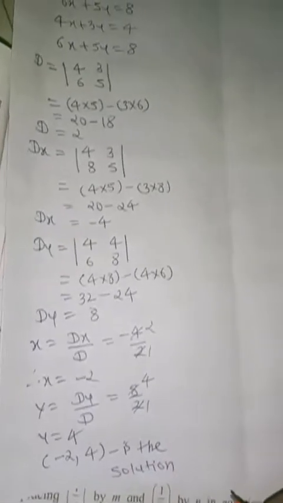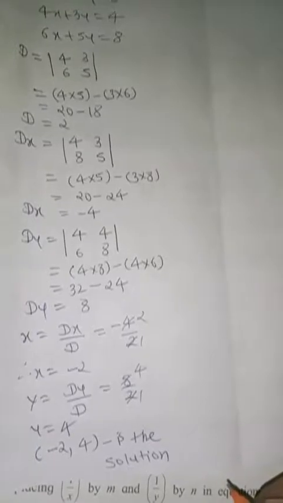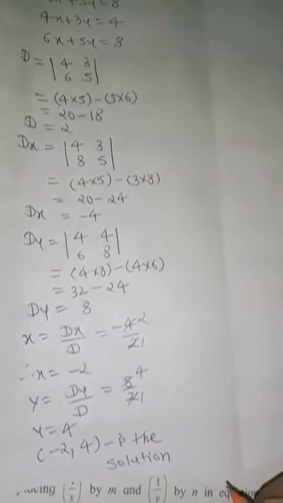Okay, in this way we find the value of x and y by using Cramer's rule. We see another problem.